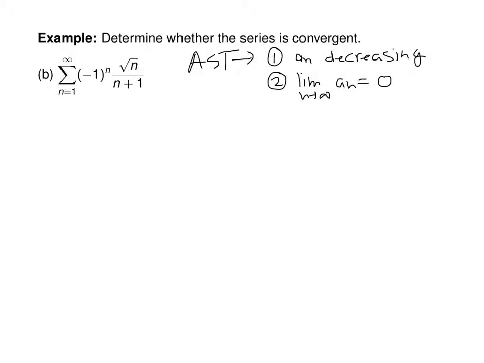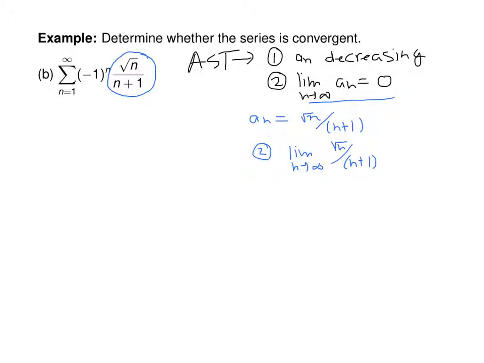Because it is easier, I would check the second thing first. In this case, my a sub n terms are given by root n over n plus 1. So checking condition 2, the limit as n goes to infinity of root n divided by n plus 1 is indeed going to be 0.